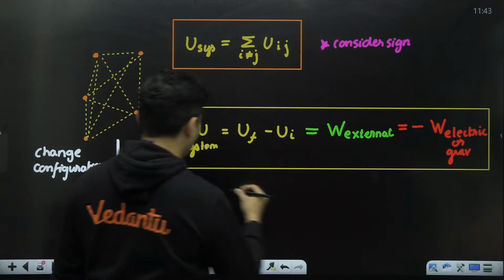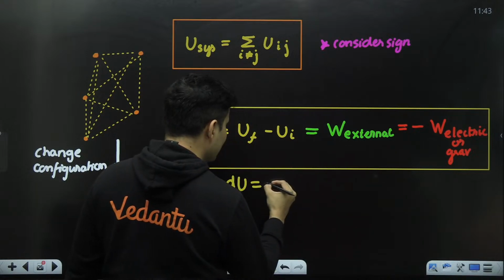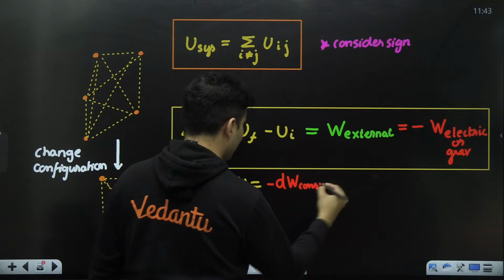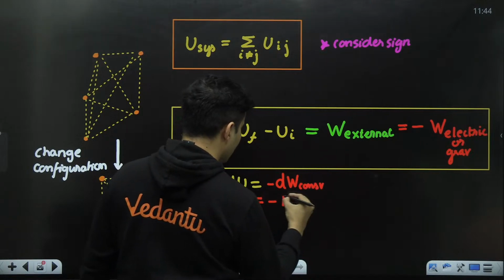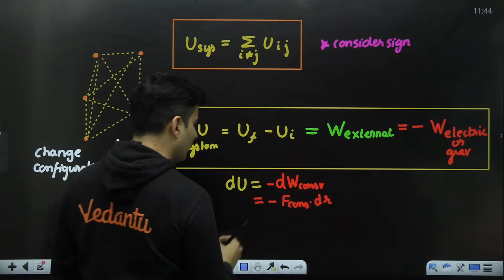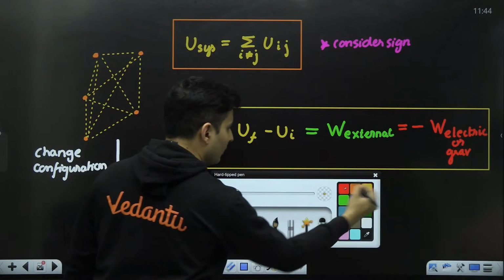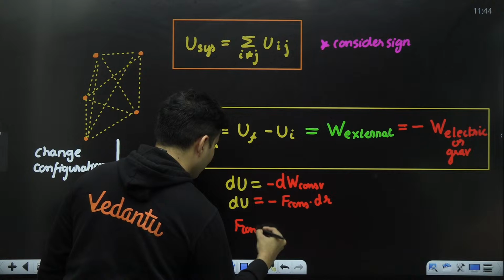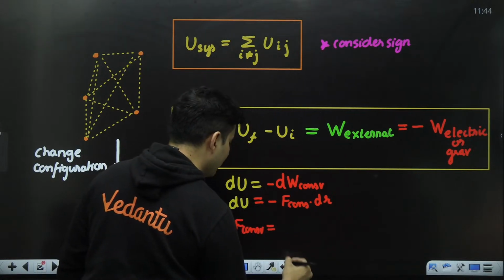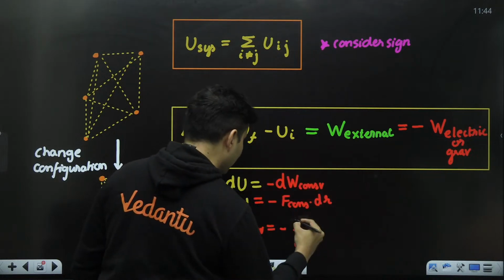That's why you always had dU is equal to minus the work done by the conservative forces, which is minus force into distance. Work is force into displacement, and that is why you used to have the conservative force equal to minus dU by dr.